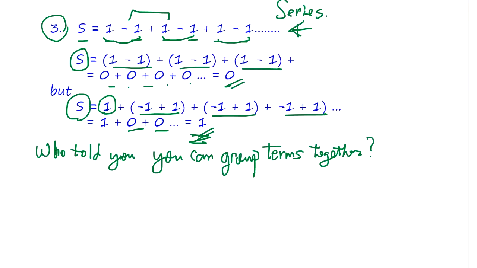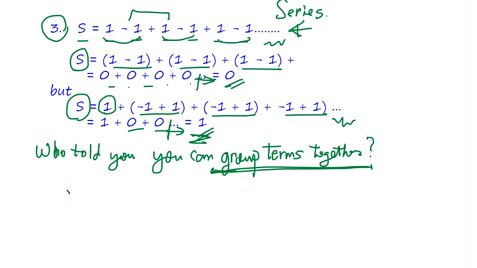Sure, of course you can, if it's not an infinite series. When it's an infinite series, since you don't know what's happened here, the rule is different. You cannot group terms together for some cases. What cases? When you know it's not gonna converge into a final number, a finite number, okay?